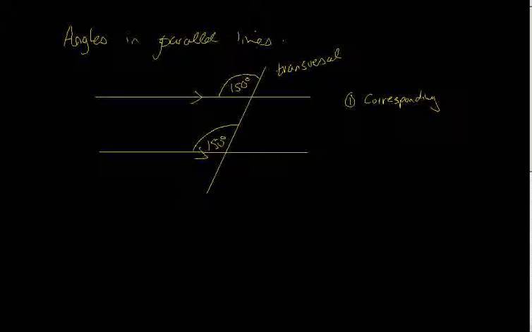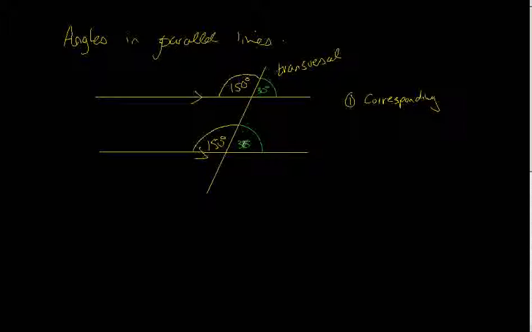And then using our law that angles on a straight line must add up to 180 degrees, we can find out what this angle is. 180 minus 150 gives you 30 degrees. So this is also 30 degrees because it's exactly the same. We can see that this was 30 degrees because these are corresponding angles.